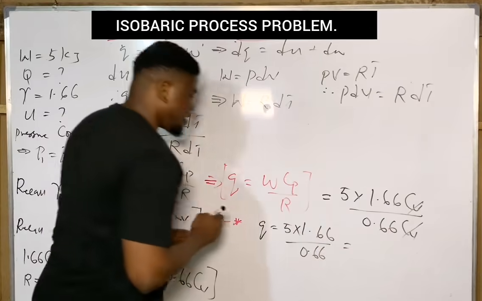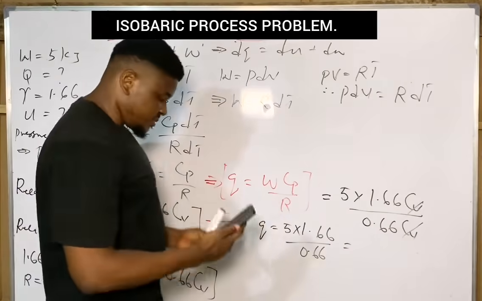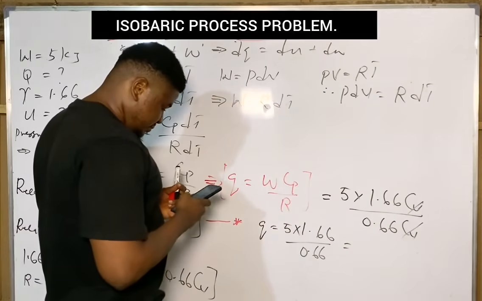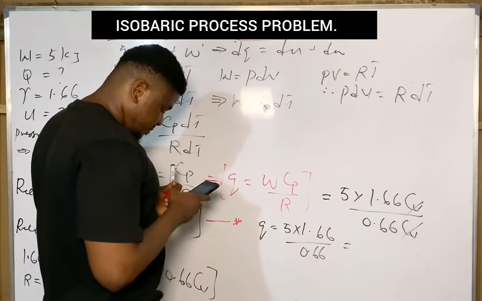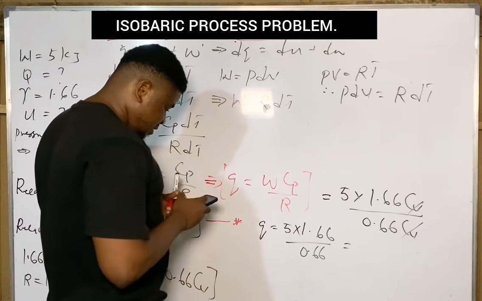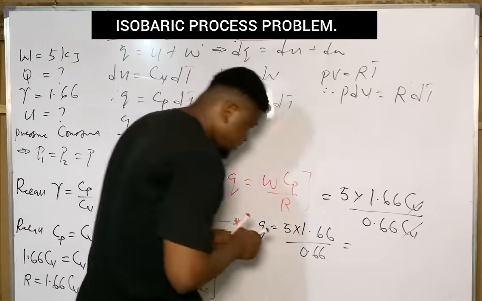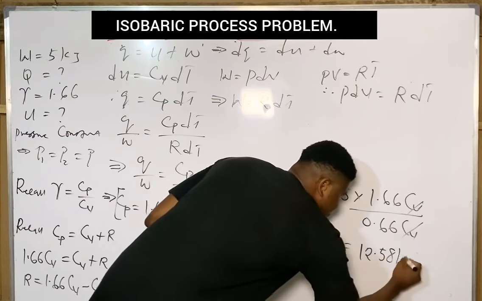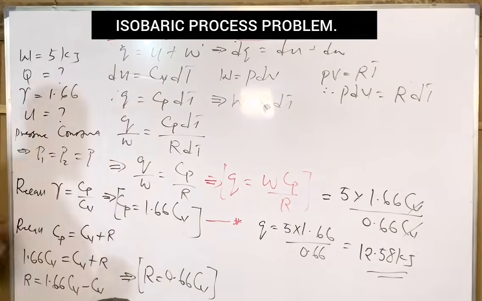So let's see what this value gives us. This simply gives us approximately 12.58 kilojoules. So the heat transmitted is 12.58 kilojoules of heat, transmitted to the system. It's as simple as this.